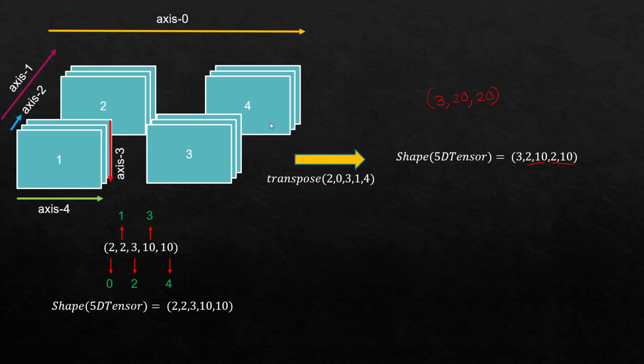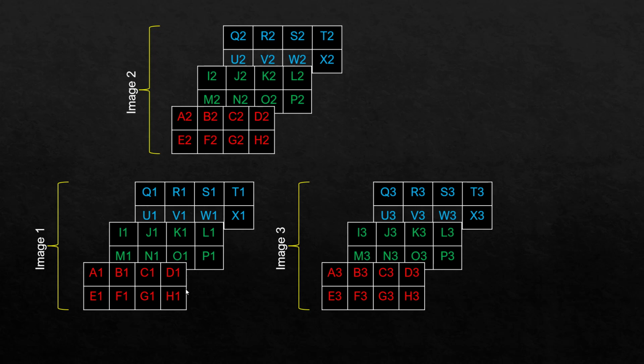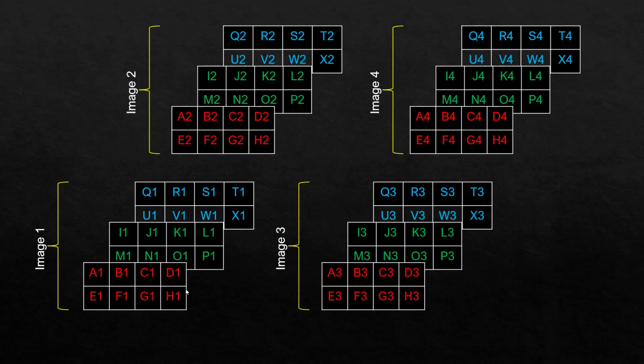If we just take the 4 images over here, each and every image has the same 2 by 4, that means 8 pixels, in 2 rows, and each row has 4 pixels. So this is how the typical 4-image structure currently looks, right? Image 1 and 2 are stacked together in a row, image 3 and 4 are stacked together in a row. This is how it will look, right?